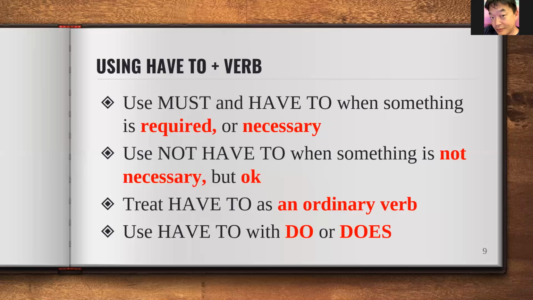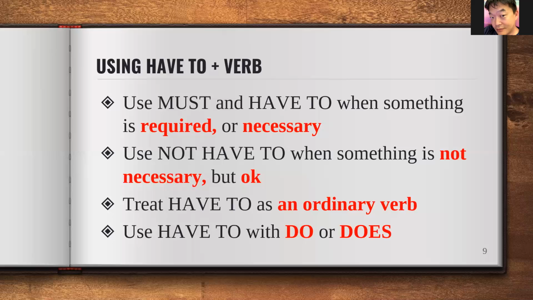Okay, let's do the correction together. Exercise 2A, page 55. Write have to, must not, or don't have to. And you have to base your answers on these little boxes that you have here next to the sentences. So number one, you have to or must take this medication with water.